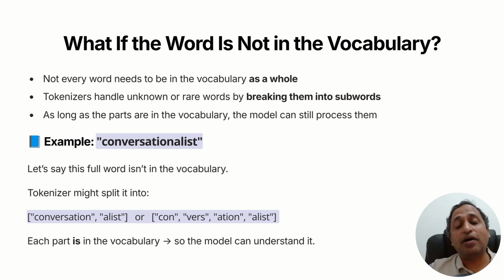As long as these parts are known tokens, as long as it has seen the piece "con" or the piece "alist", it is able to break this word into multiple tokens, and then it knows the corresponding token ID for each. That's what is important. This approach gives models like LLMs a major advantage: they can handle new, rare, or compound words without failure. What is important to remember is that the tokenizer doesn't need to recognize the whole word. Just meaningful parts of the word are good enough for the tokenizer.